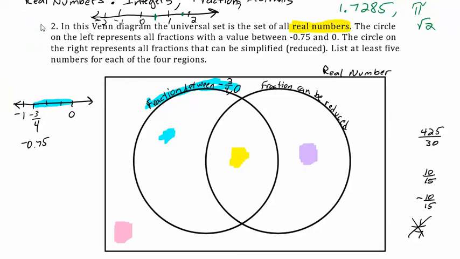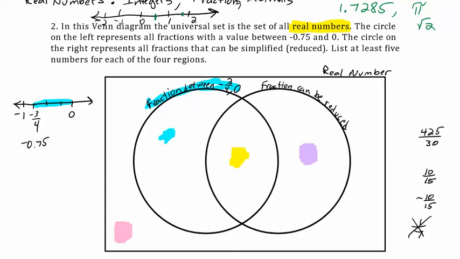So let's just think about what these represent. The pink region is going to be any number that's not between negative 3/4 and 0, and any fraction that cannot be reduced. It has to meet both those criteria.